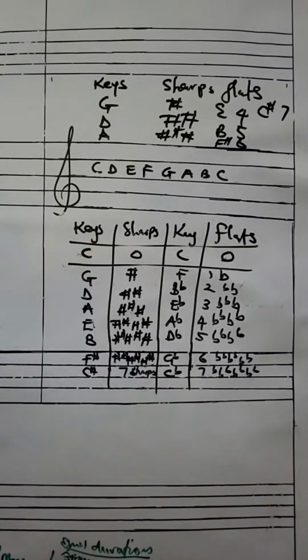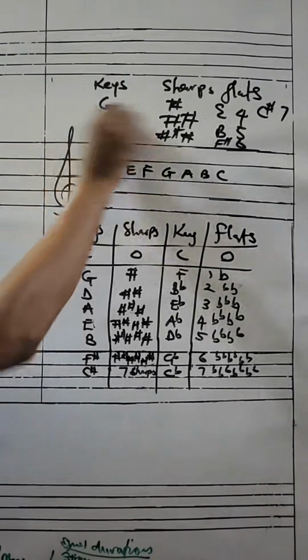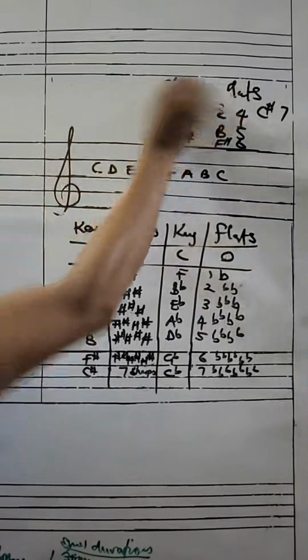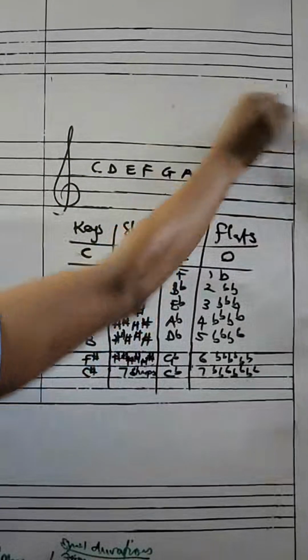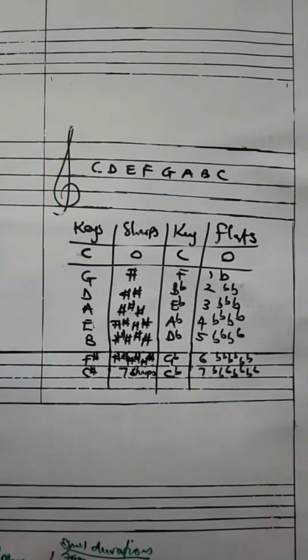Now before you know the flats and sharps, you have to know accidentals. Accidentals in music are these sharp signs or flat signs that are placed before a note, and it raises the note by a half step or lowers the note.